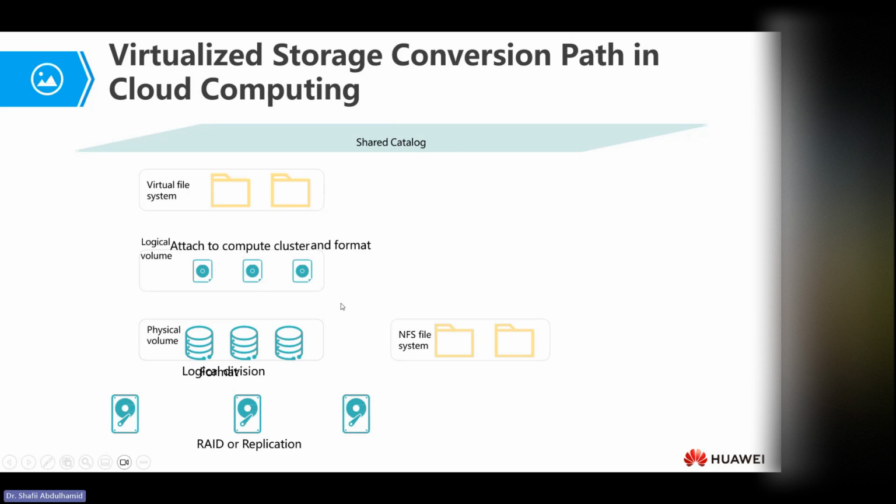No, it's still available. All you need is another device to log back in to the shared catalog, and you'll be able to access your resources stored at the physical level of the cloud. So this is how the virtualized storage conversion part in cloud computing actually looks. Always start with the physical level and then it goes up.